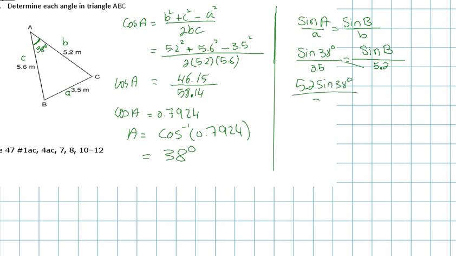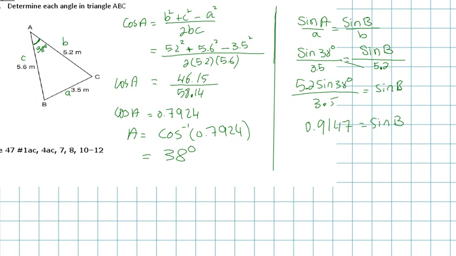So what do you get when you do this on the calculator? You're looking for an angle, so what do you have to do? Inverse, right? The second shift or whatever sine, right?